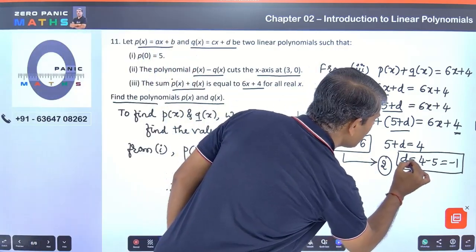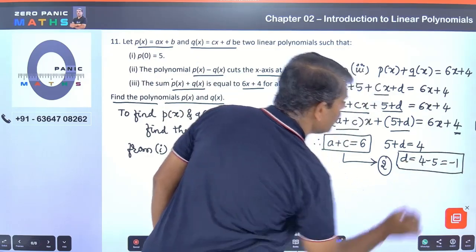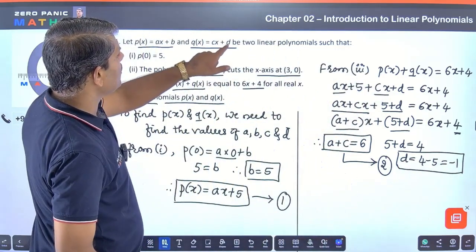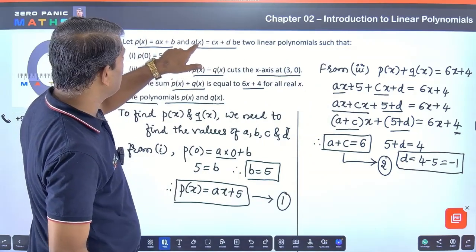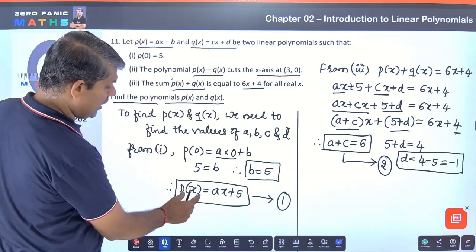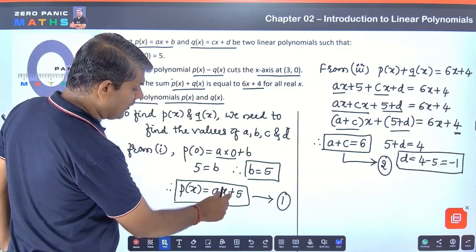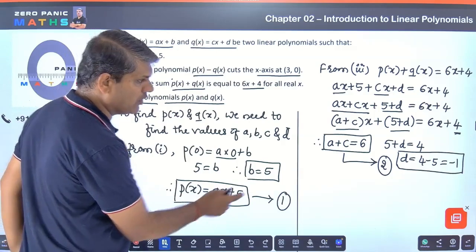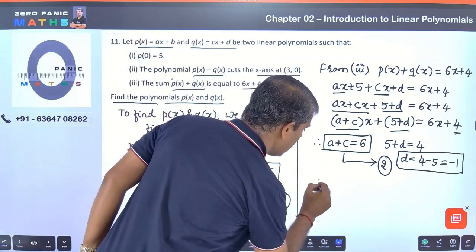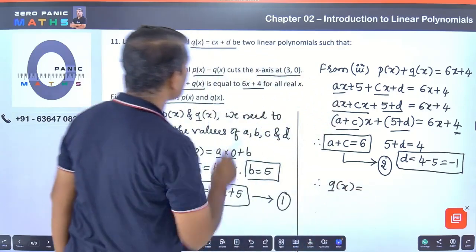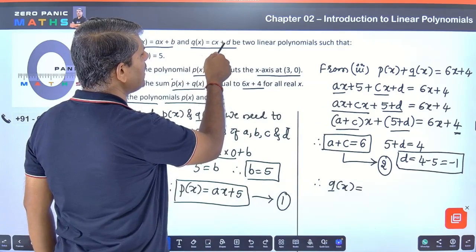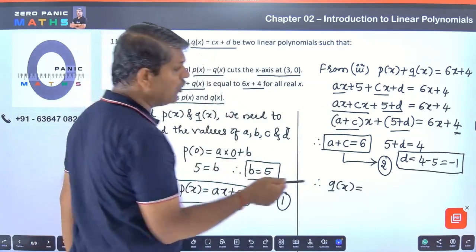Now, since I got the value of d is equal to minus 1, can I substitute the value of d in place of d here in the polynomial q of x and write the similar version of q of x similar to equation 1? Okay, let me do that. So therefore, q of x is equal to, initially it is given as cx plus d, but we got the value of d, right?